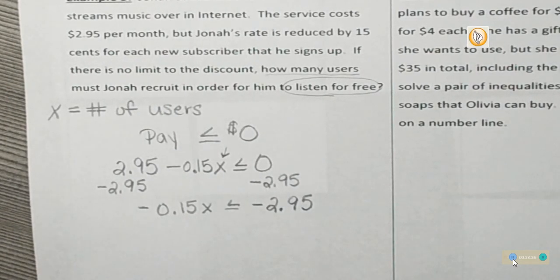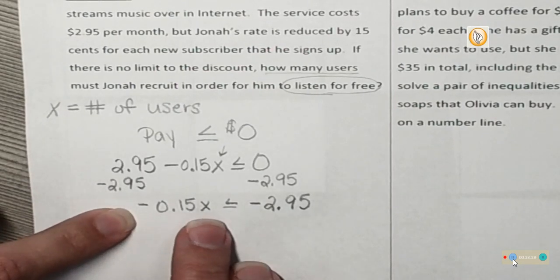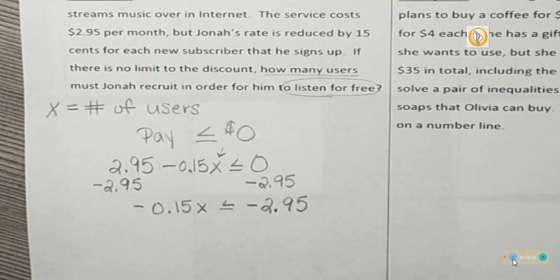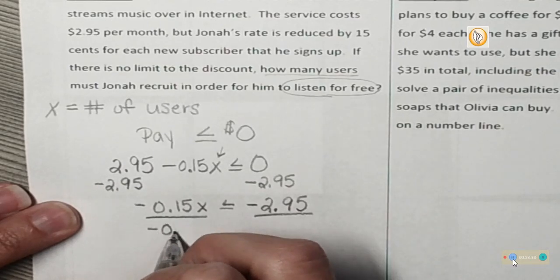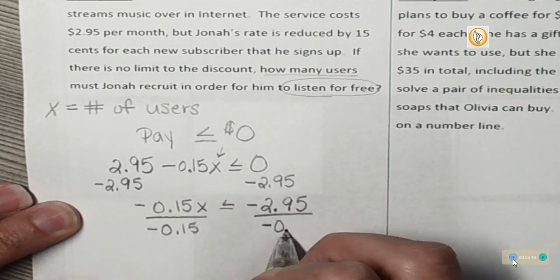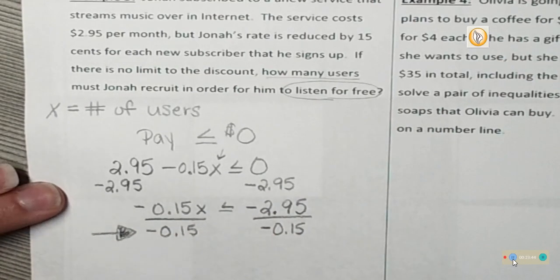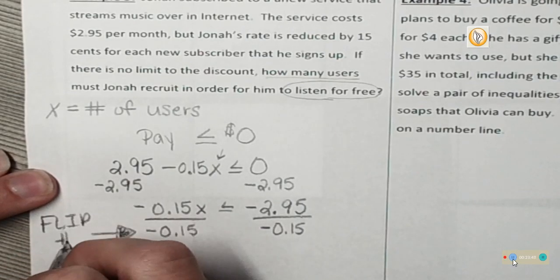I still need X by itself. So over here is negative 0.15 times X. What is the inverse of times? Divide. And so I'm dividing by negative 0.15 on both sides. And immediately, that's my red flag right there. When I divide both sides by a negative, I'm going to flip the sign.